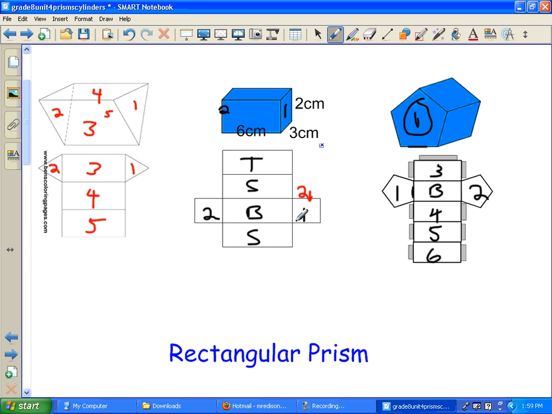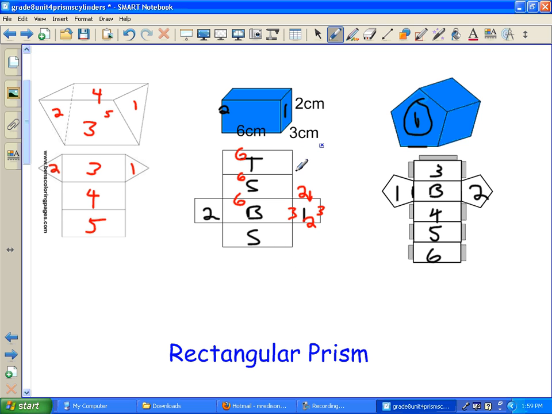Of course, the bottom here is 3 centimeters, so that would make this 3 as well, and this 2 as well, because it almost looks like a square. In this case, it's a little bit of a rectangle. The long side of this one here on the bottom is this long piece right here. So if this is 6, this is 6, this is 6, right? We know this is going to be 3 if we fold it up top.